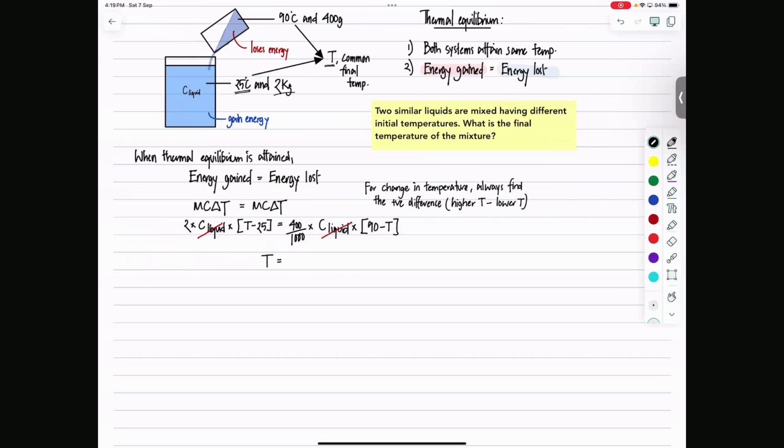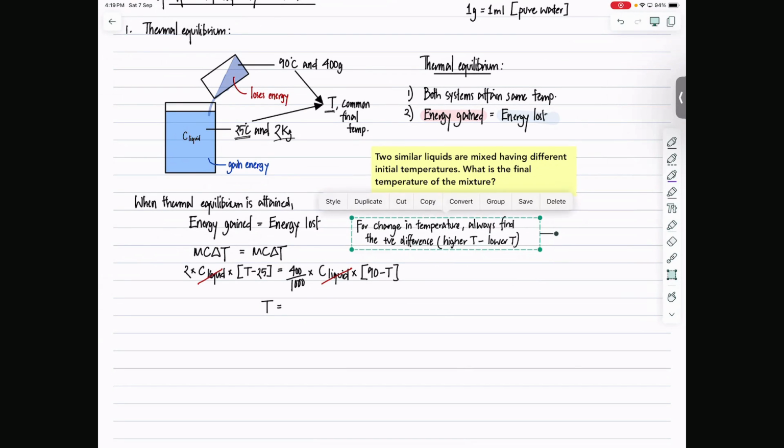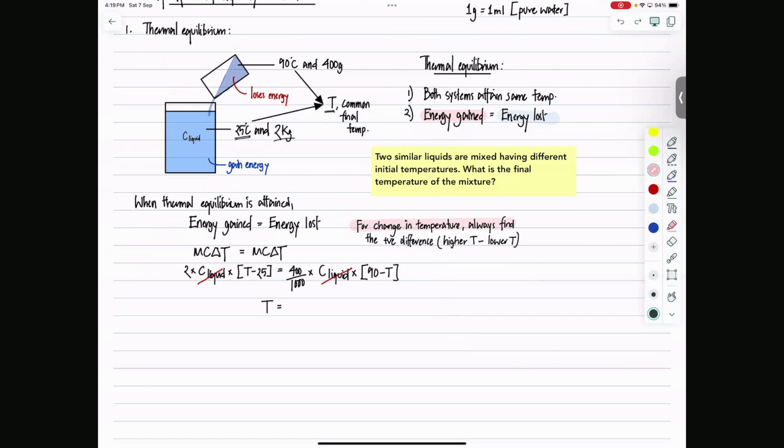Let's see what theta comes to. You got 57.5?